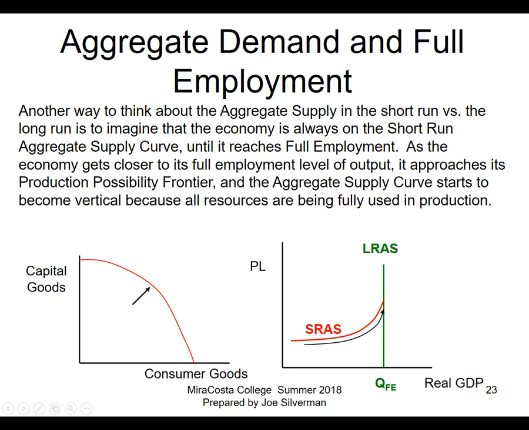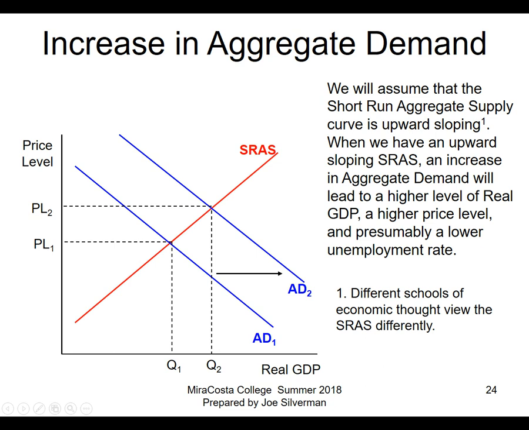From left to right, we're moving along the curve, which would be like moving closer and closer to our production possibility frontier. I'm going to throw a curve at you in a little while and tell you that there's more than one production possibility frontier, but bear with me nonetheless.